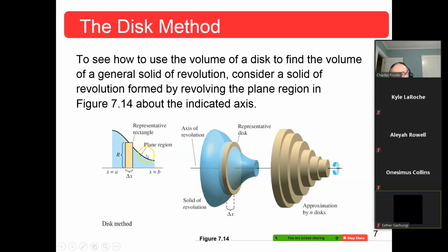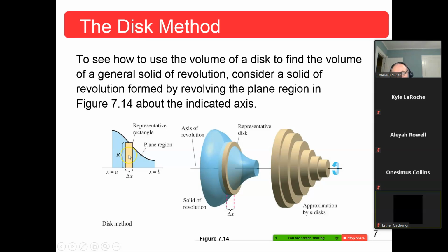Let's just call that f of x for right now. Your f of x is your capital R. Does that make sense? That goes from the curve to the x-axis. Now we're assuming that's the x-axis, so f of x minus 0 would be f of x. That's your R. Pi times that R squared times the thickness here, delta x, that would be the volume of that little segment.